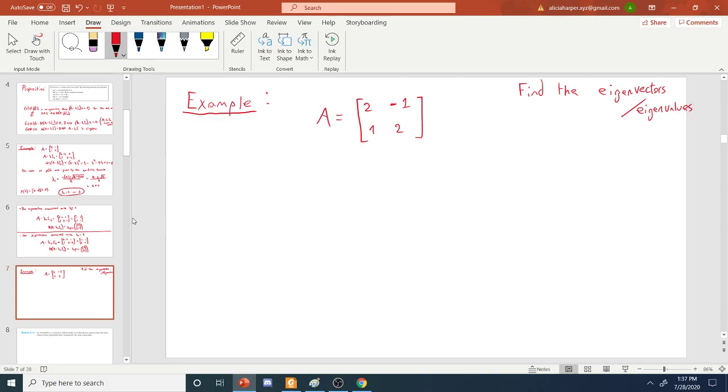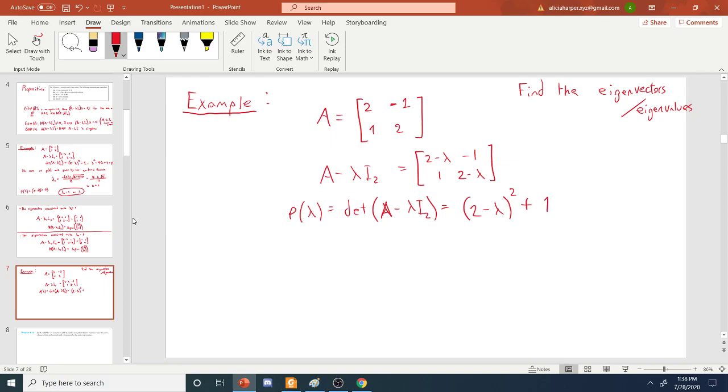Well, again, I look at the matrix A minus lambda times I2. So this is the matrix 2 minus lambda, negative 1, 1, 2 minus lambda. And then I look at the characteristic polynomial, which is going to be exactly the determinant of this, which is going to be 2 minus lambda squared plus 1.